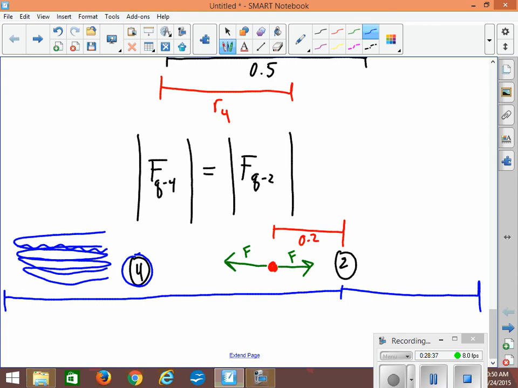But over on the other side, there is a magical spot where you could place a charge, and the force of the 4 microcoulomb charge, pushing it, say, this way, would be exactly equal in magnitude to the force of the 2 microcoulomb charge, pushing it that way. Because the 4 is a bigger charge, so its force extends over a greater distance, you see?